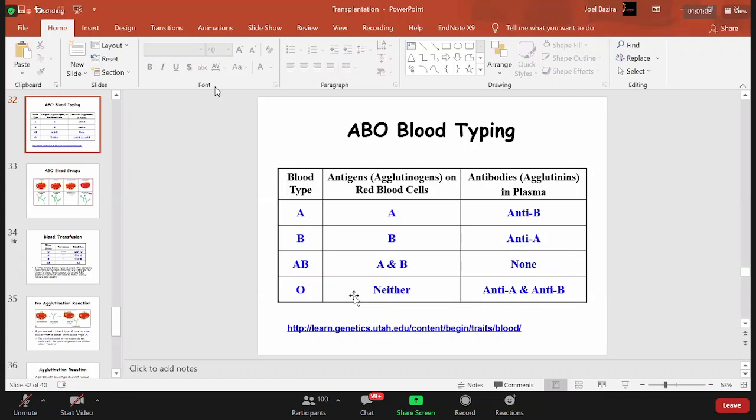If it's blood group B, we give them blood group B if it's available. Then if they are AB, we give them AB if it's available. Then we resort to blood group O as the last resort, even after doing a cross match, and we have confirmed that the blood will not agglutinate afterwards.